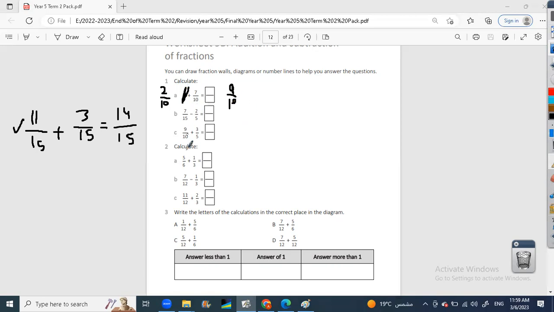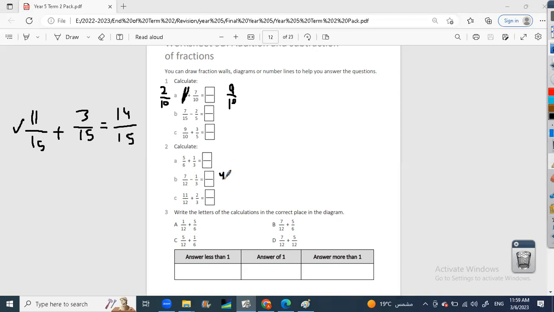All right, let's change this and make it like subtraction here, for example. 7 over 12 minus 1 over 3. Go to the larger denominator, 12. Can you make the 3 into 12? Yes, I can. How? Multiply the 3 by 4 and then the 1 by 4. So it's going to become 4 over 12.